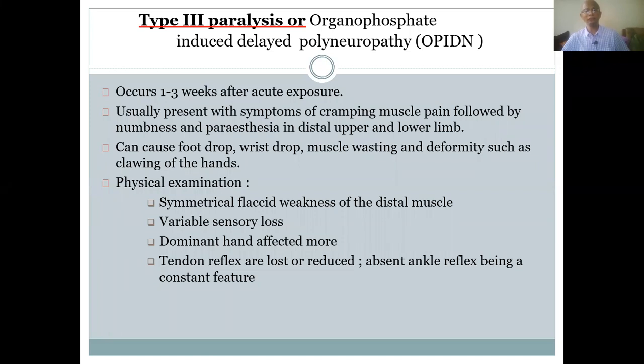Absent ankle reflex being a constant feature in this type 3 paralysis, that is organophosphate induced delayed polyneuropathy. So here nerves are mainly involved and distal part is mainly involved, upper limbs, lower limbs, foot drop, wrist drop, muscle wasting, deformity can occur. Variable sensory loss can even occur.